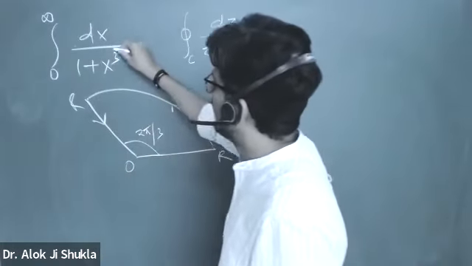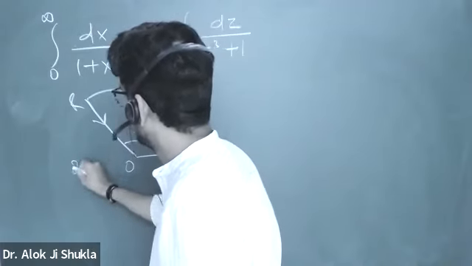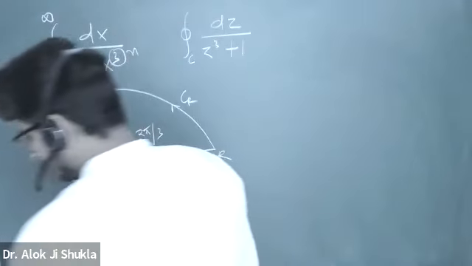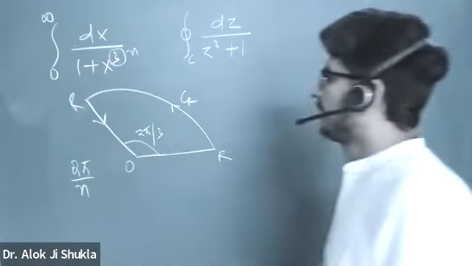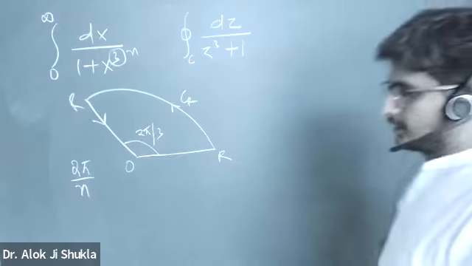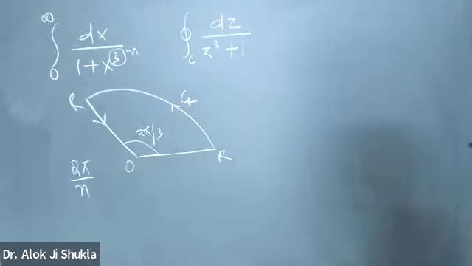So if here the power is n, what angle will you take? 2 pi by n. Are you getting it? So this is the method; why I am doing this by 3, you will understand in some time.